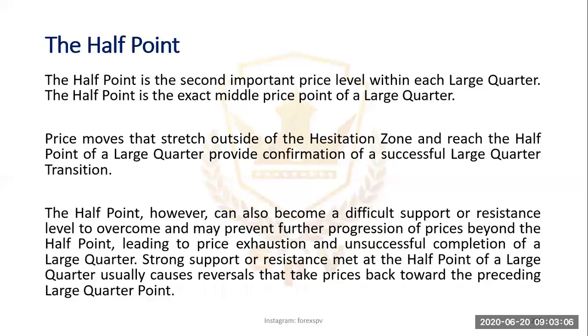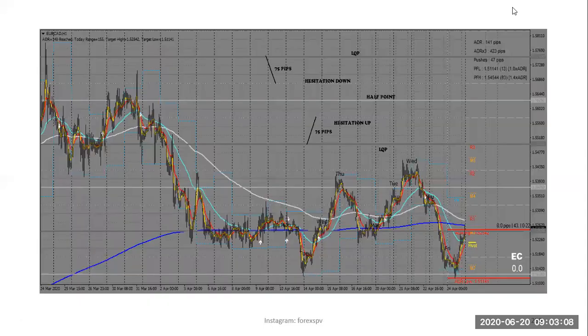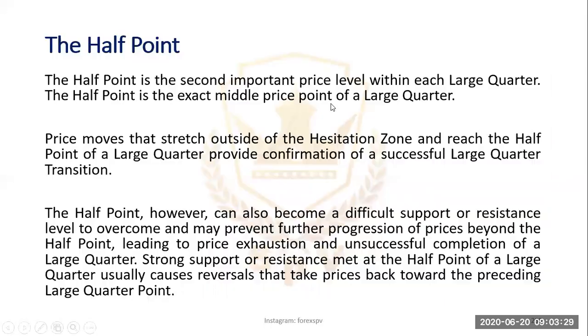And we have now the half point, which is an exact 125 pips range. And this should be your next target after the price has broken the hesitation zone. When price reaches the half point, it can also be a difficult support or resistance level.